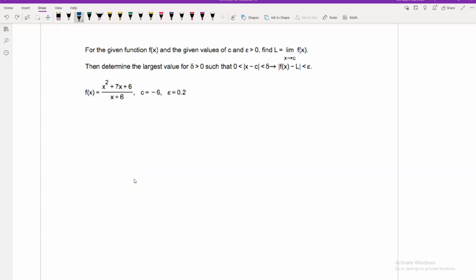Here, first, we have to find the value of the limit and simplify this expression. So L equal to limit of this function as x approaches c, in this case c is -6.